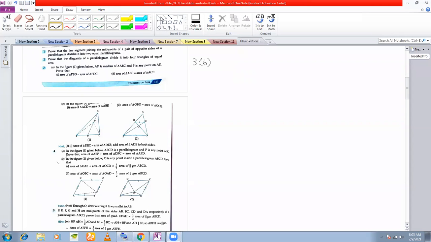Let me just draw the figure first, then we'll be able to see what is actually given. This is the figure that is given below.